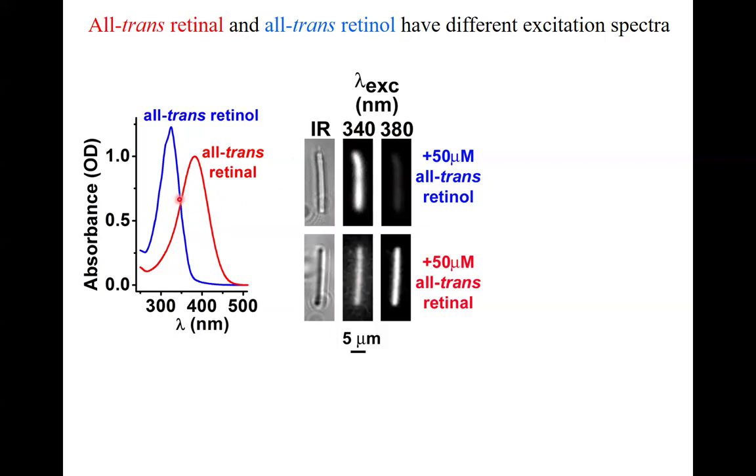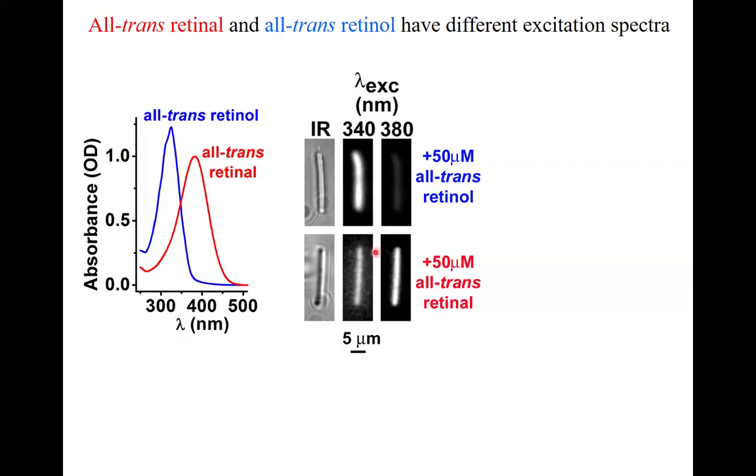For retinol, 340 is going to give us much higher fluorescence than 380. Retinal is going to be the other way around: 340 is going to be less than 380. And you can see that indeed in the fluorescence signal: retinol is much higher at 340 than at 380, and retinal is the other way around.